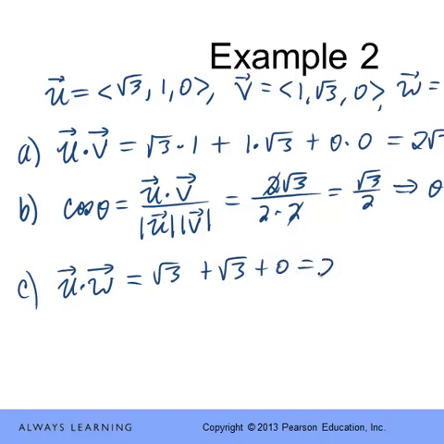So this is 2 root 3. Magnitude u is equal to 2. Magnitude w is equal to, what, 1 plus 3 plus 12 is 16, right? So the magnitude is 4.